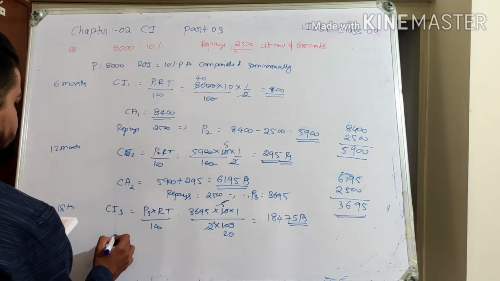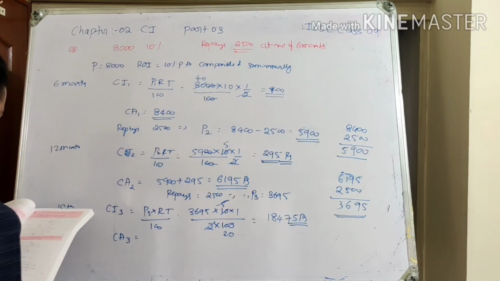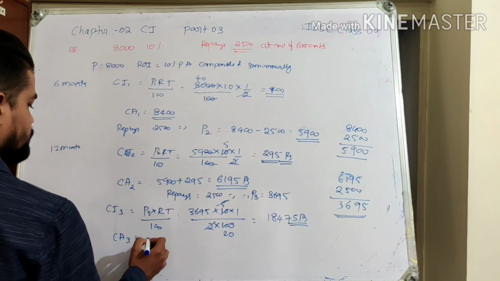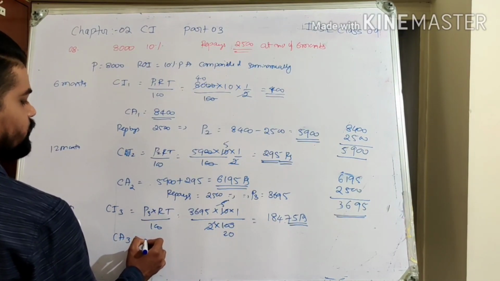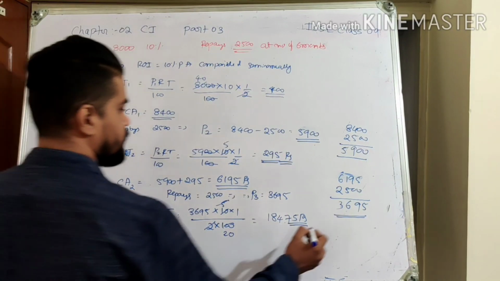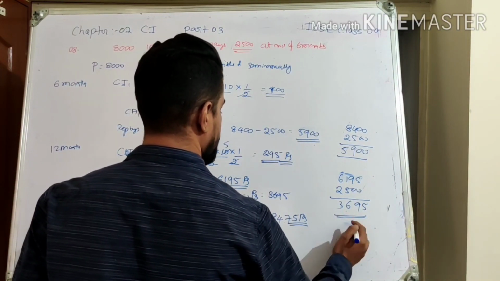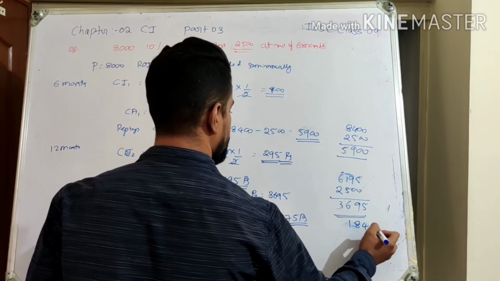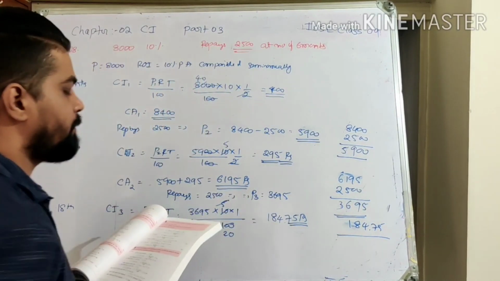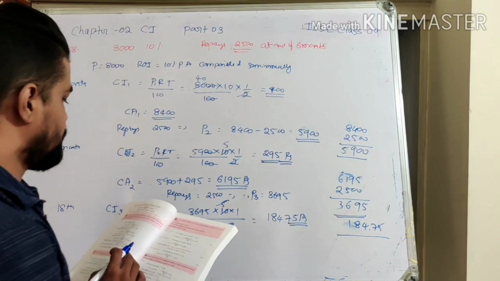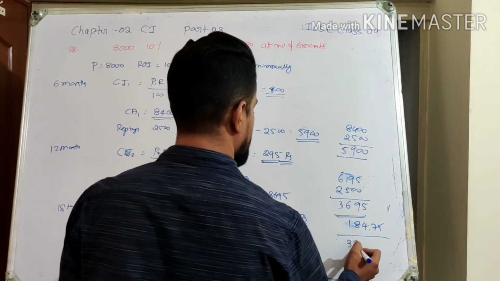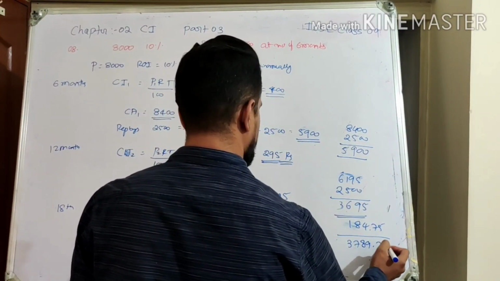Okay, so that means the compound amount at the end of the third year will be, again he paid 2000. No, I mean first we have to see this compound amount. The compound amount is 3,695 plus 184.75. That will be 3789.75.